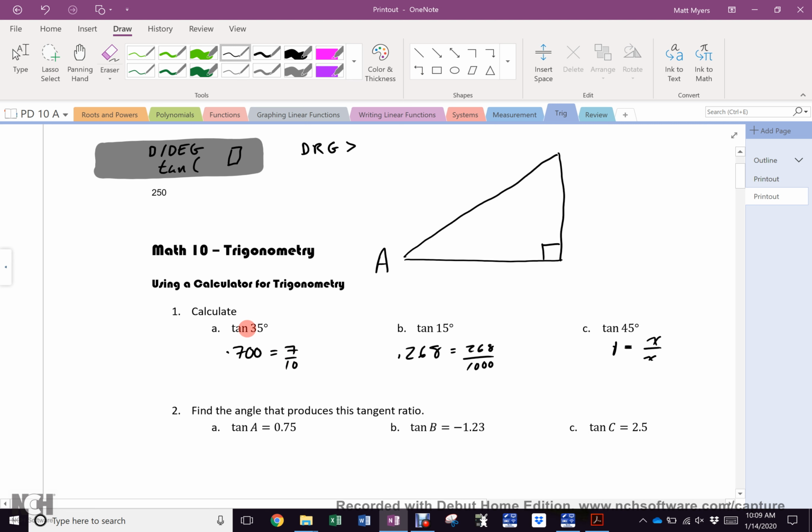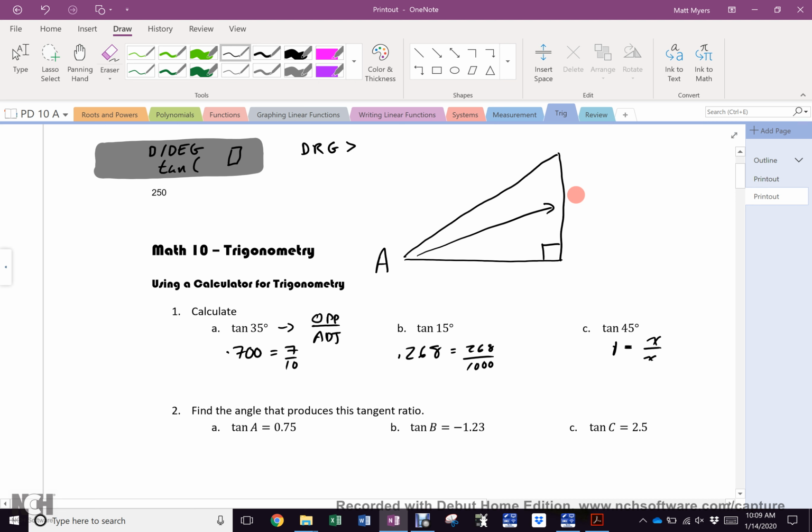The tangent ratio is the opposite divided by the adjacent side. Now, you will notice, if you've done trig, and if you haven't, you'll want to pay attention, this is A. What does opposite mean? Across. So, what number would go there if A was 35?